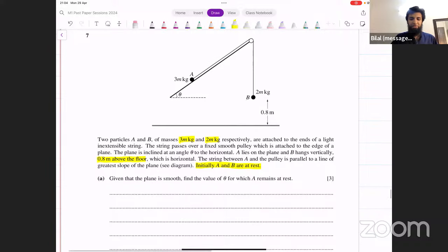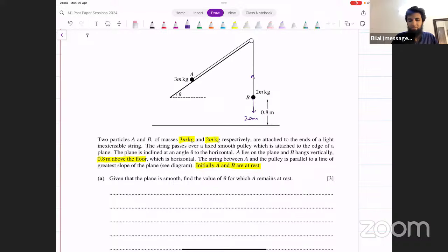If A remains at rest, that means we are looking for the value where the opposite forces remain equal to each other. Right? What are the forces acting on B? At B, we've got weight of B. If 2m is mass, weight is going to be 2m into 10. That's 20m.